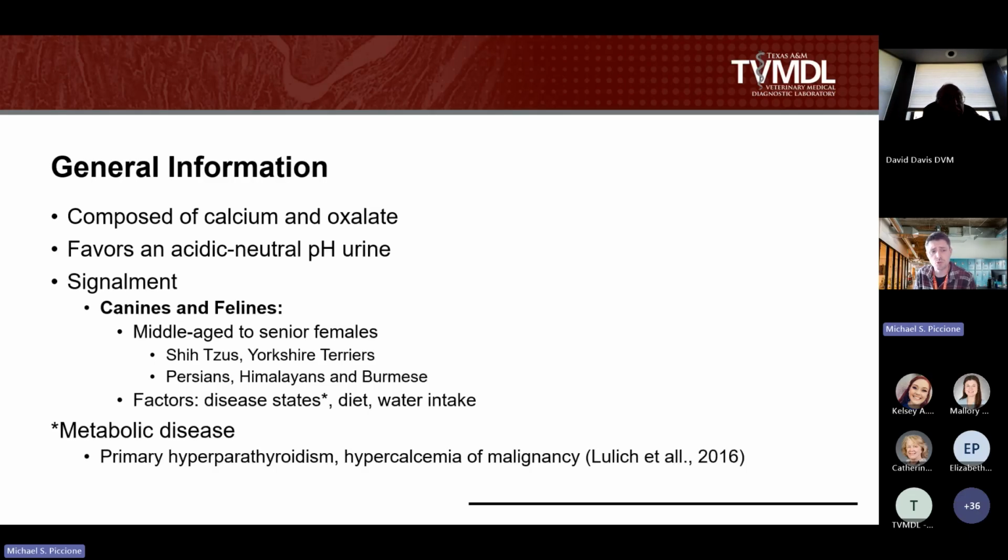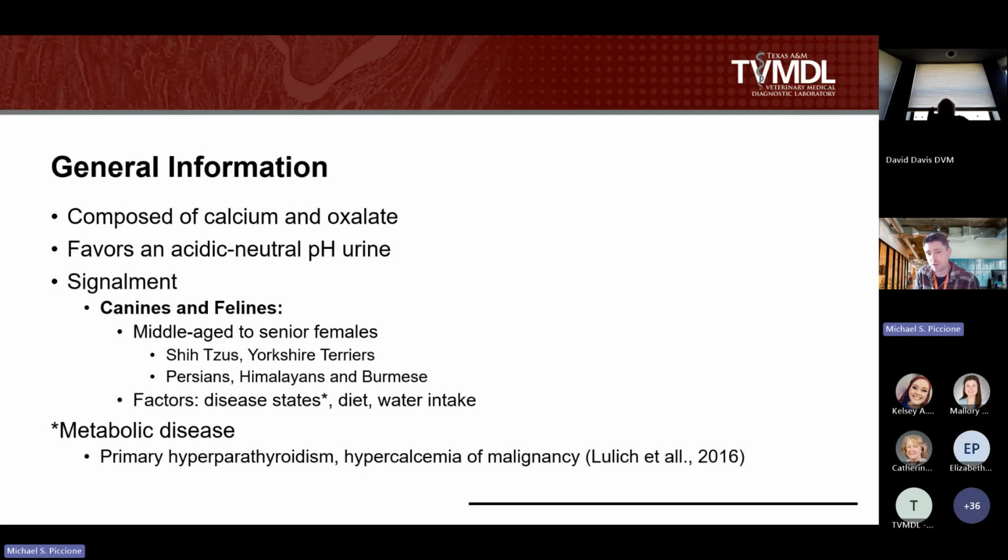One of the things that I do like to highlight here with calcium oxalates is one of the big factors, aside from diet, aside from water intake, are disease states. And in fact, you may commonly see these more associated with disease states. In dogs, one of the things that I like to highlight is hyperparathyroidism, and in cats, hypercalcemia of malignancy.